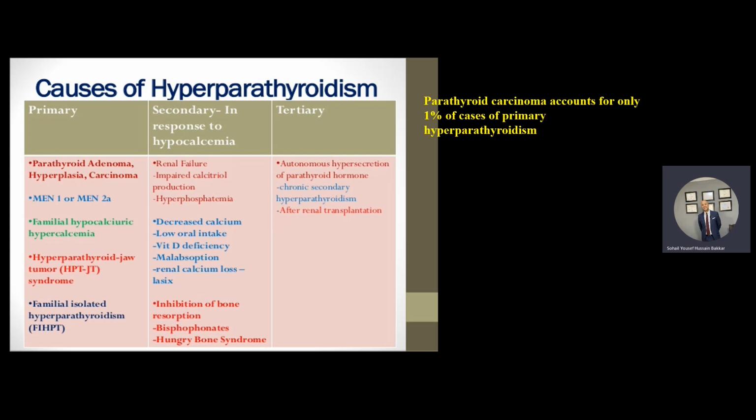One, when the kidney is impaired, then its enzyme, renal 1-alpha hydroxylase, is impaired or deficient, and therefore the production of the active form of vitamin D3 is deficient.